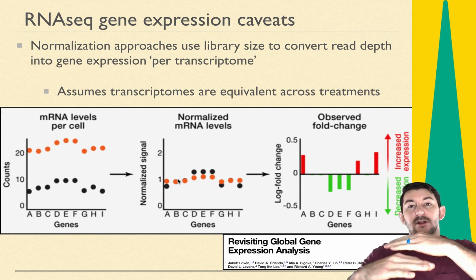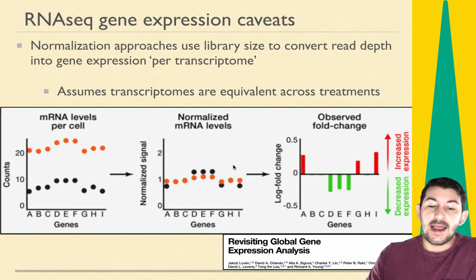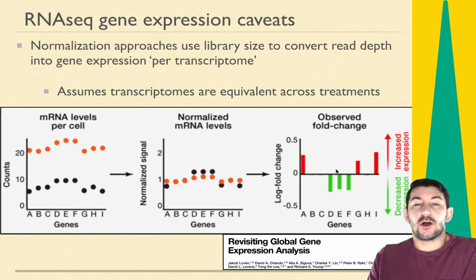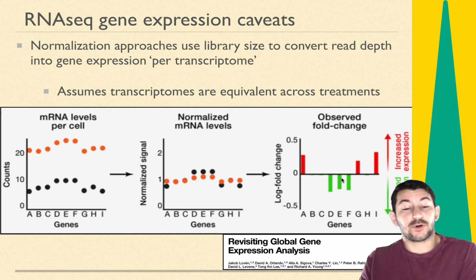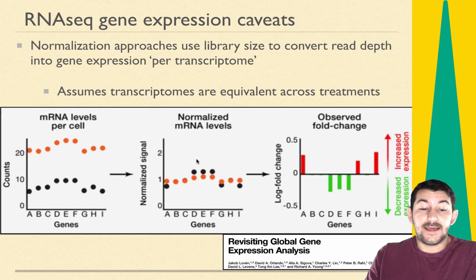You bring them down because now they're back to concentration, and if you actually calculate the log-fold change between these, you'll actually see that despite starting lower across the board, some of the genes, gene D, E, and F, are actually called as being increased in expression relative to the orange. And that, again, is simply not the case.